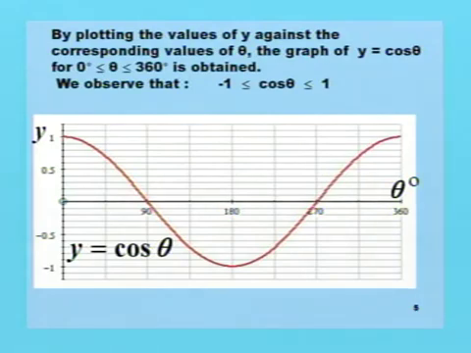Notice that 0 to 90 is your first quadrant, 90 to 180 is your second quadrant, and you go on like that. So, when you look at the cosine value, 0 to 90, the cosine is positive.